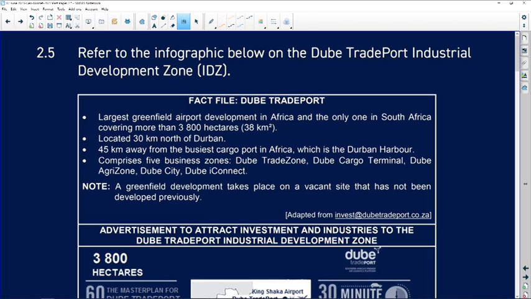So that's question 2.4.6. Now, if we have a look at our next question, what we focus on over here is the IDZ. What does it stand for? Industrial Development Zone. It's creating industrial areas, because when we look at industrial areas, we look at manufacturing and processing of raw materials.